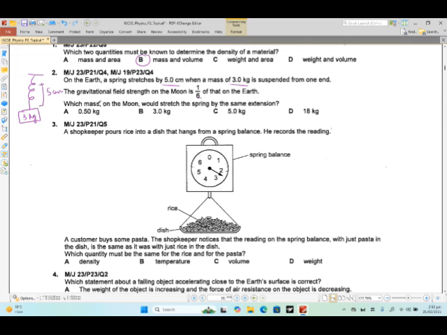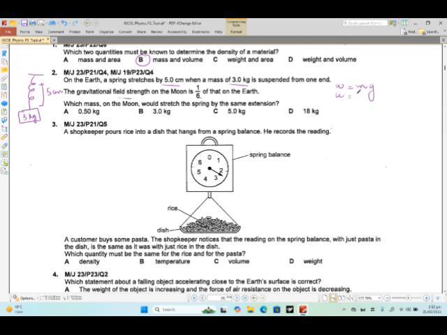Now we have to see which mass on the moon would stretch the spring by the same extension. We should first find out the weight of this object. W is equal to mg. That's the formula with which mass and weight are correlated.